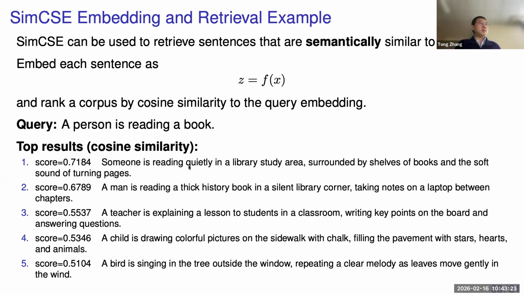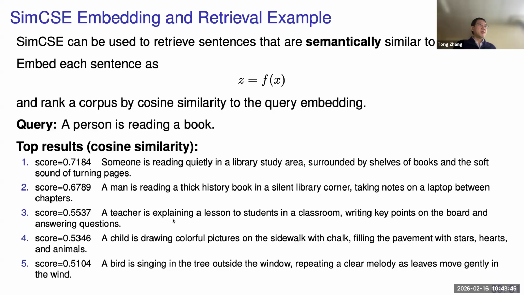As you can see, the sentence is just some made up sentence you can check in the example. Someone is reading quietly in something, and this is closely related, and it's kind of reasonable.